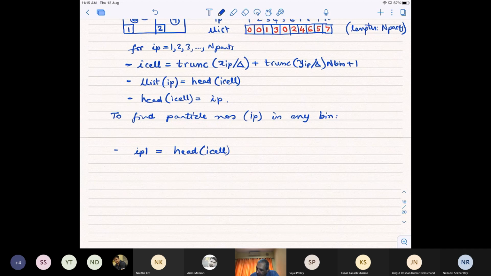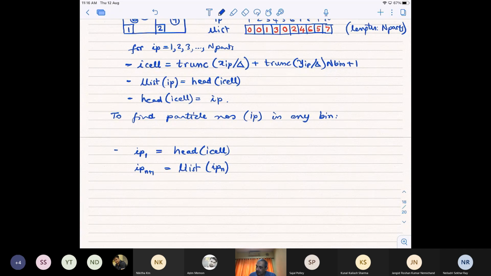So that is the first step. And then IP of n plus 1 is just equal to L list of IPN.